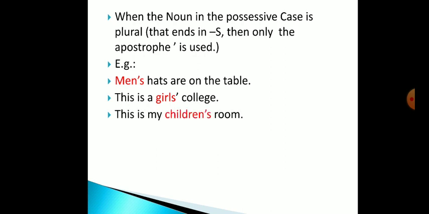This is my children's room. Here we are talking not about one child, but many children in the room. So we are writing an apostrophe in the sentence because we are talking about more than one thing in the plural.